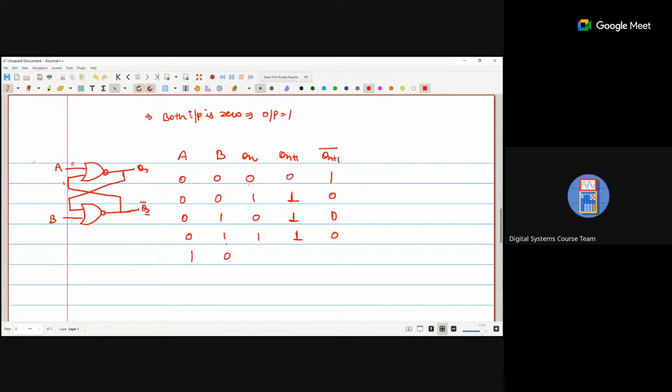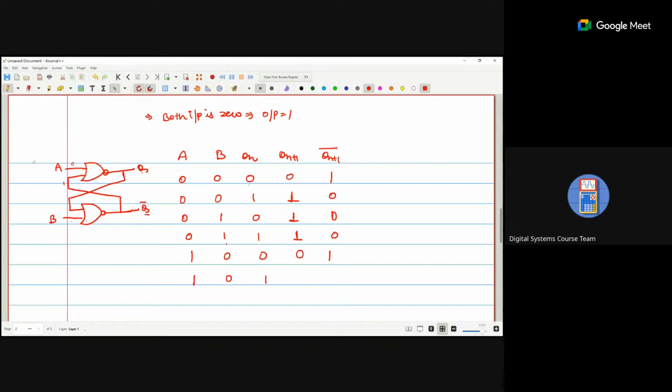1, 0, 0. Both will be 0, 0. So the output is 1, 1, 0, 1. Now A is 1, that means Q bar is 0. Okay.